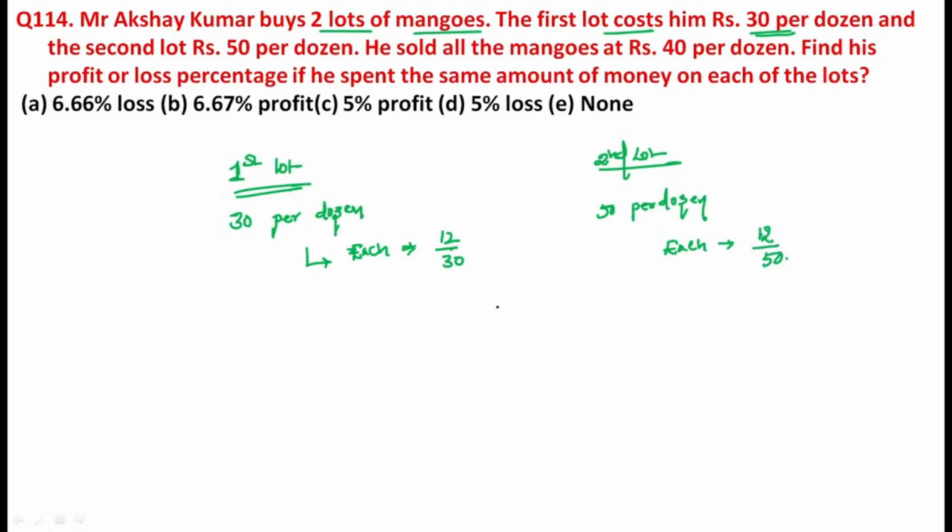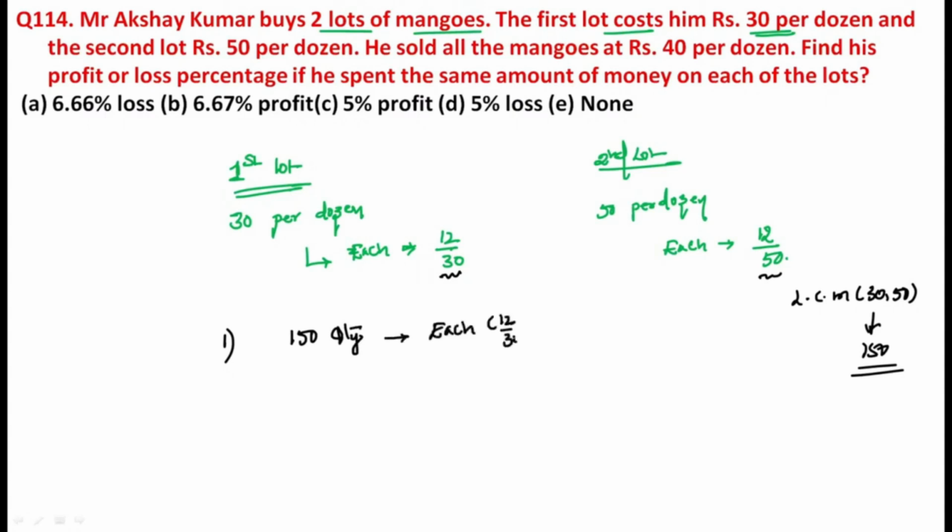So how can we focus on the quantity? Here 30, here 50. The total quantity depends on the LCM of 30 and 50, which is 150. Now you can take it as the first equation: 150 quantities here. Now each quantity's price is 30 by 12.